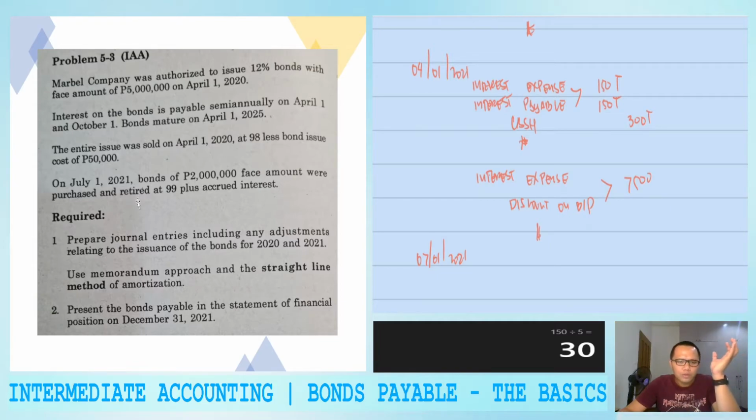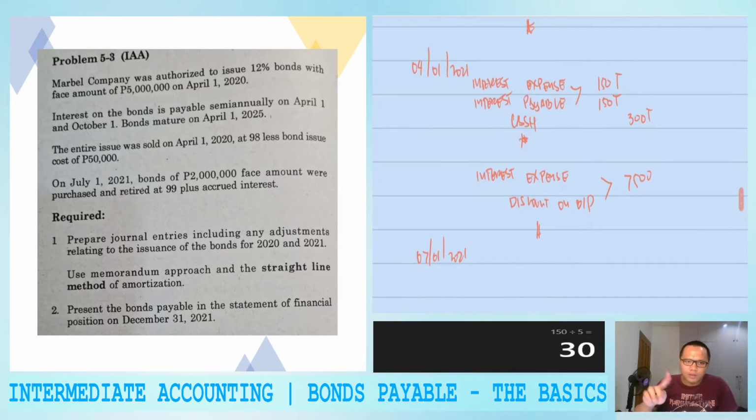Okay? So ngayon, the procedure here is number 1, let us determine the issue price, which is 99. That is 99, again, in essence, equivalent to 99%.